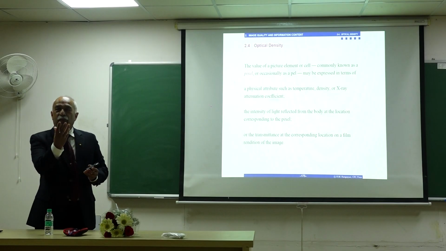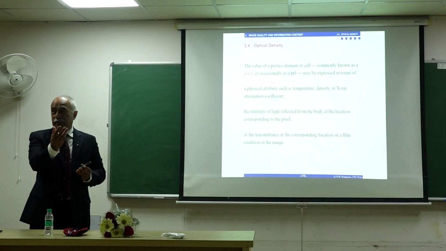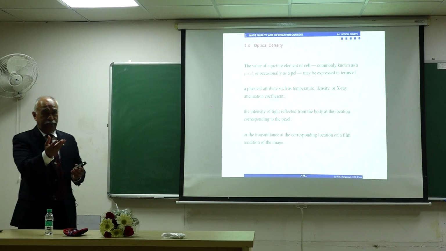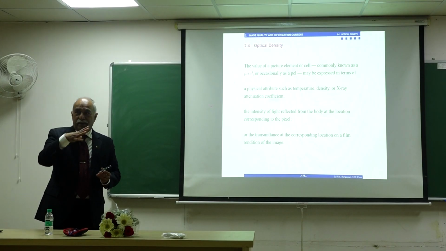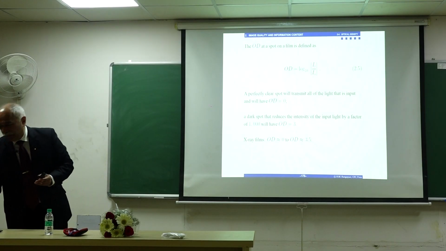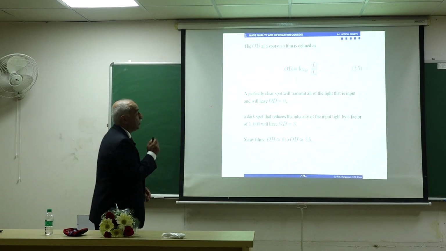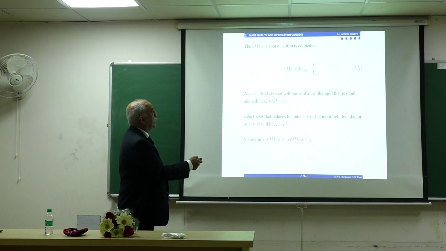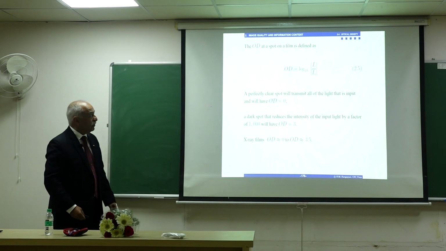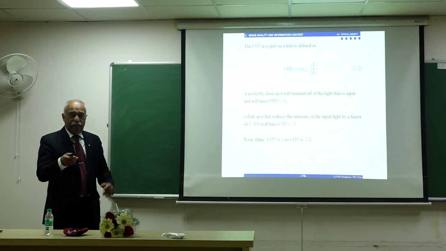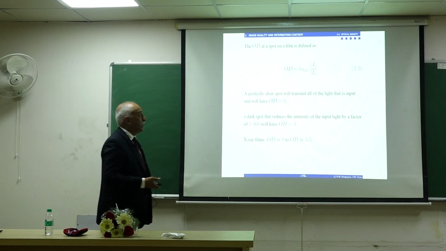You may trans-illuminate the object, could be film, could be some tissue, or you may measure by reflection. So all of those are measured in terms of optical density, the log 10 of input to the output ratio. So you need to measure the energy of whatever beam you're using.